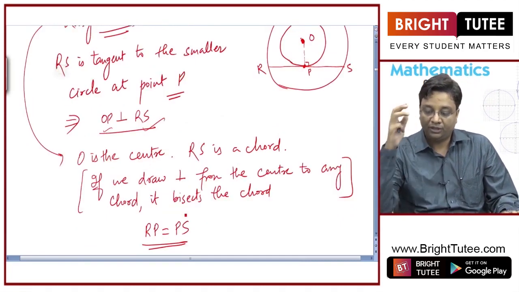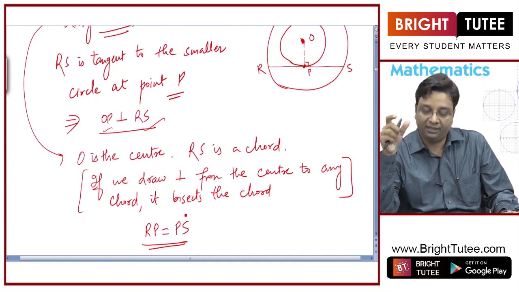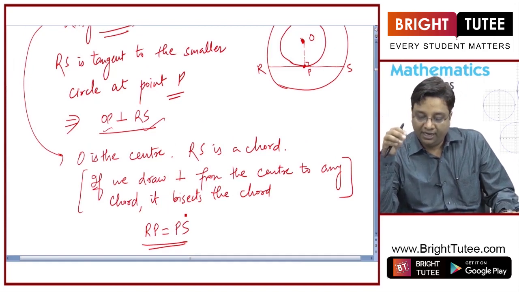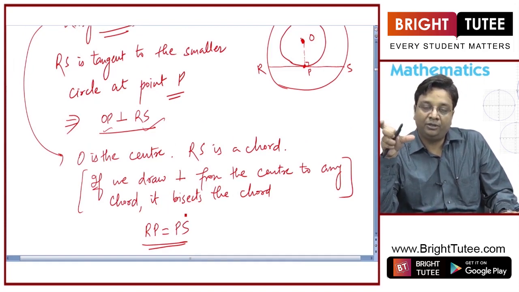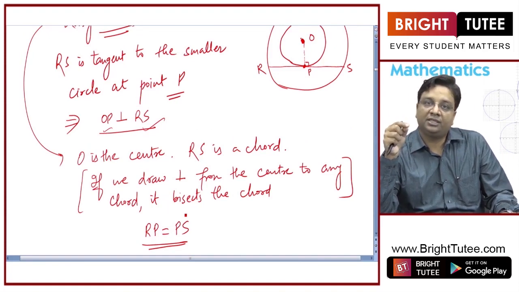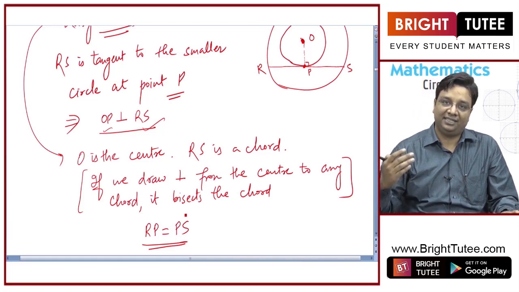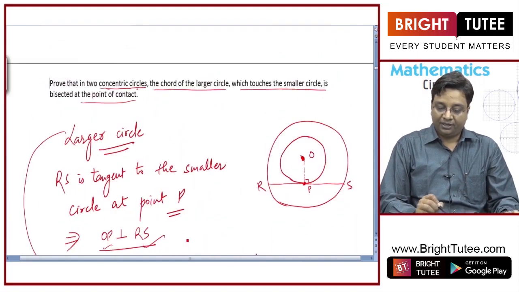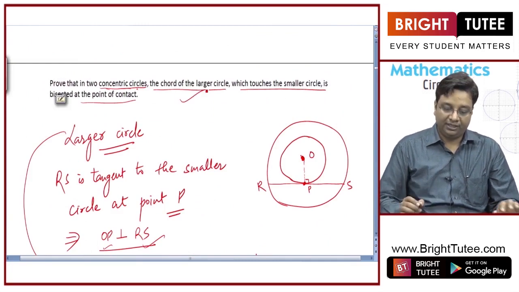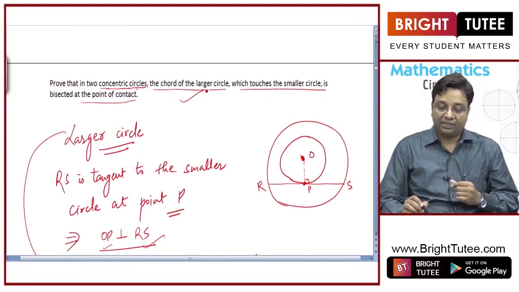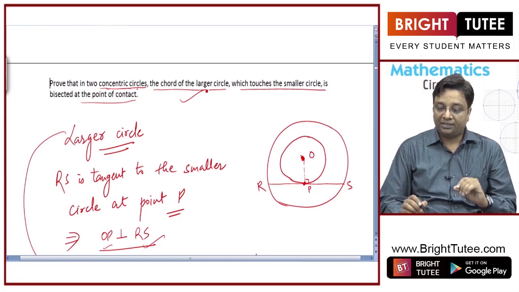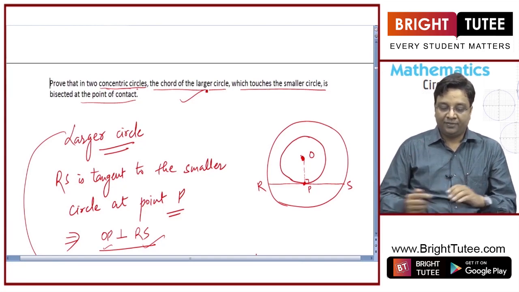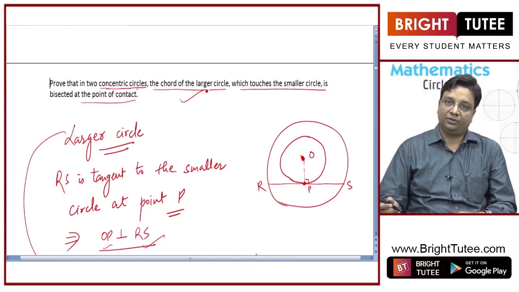So if you focus on the larger circle, you see O is the center, RS is the chord, and OP is perpendicular to RS. So if we draw a perpendicular from the center of the circle to any chord, it bisects it. So we can say RP is equal to PS. Hence this is proved that in case of two concentric circles, the chord of the larger circle which touches the smaller circle is bisected at the point of contact.